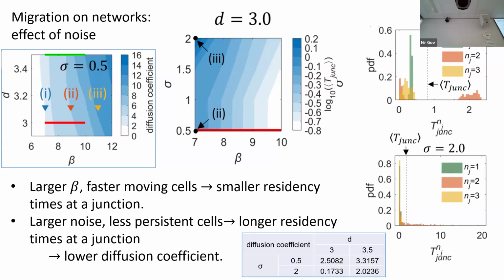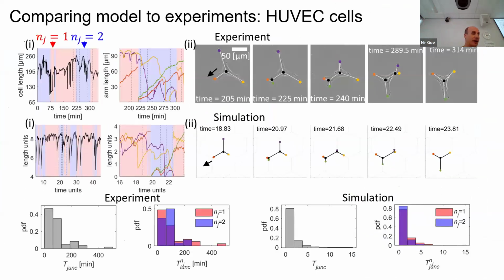And you find that, for example, for two junctions, you have a population of very long residency time. So it's a very stable configuration that comes up in this kind of shape, which is more difficult for the cell to get out of and continue onwards with its diffusion. So you can go into these kinds of details.